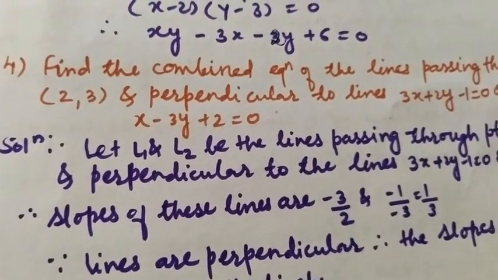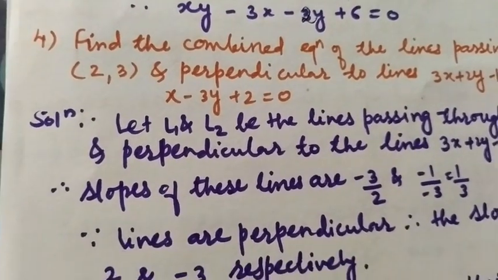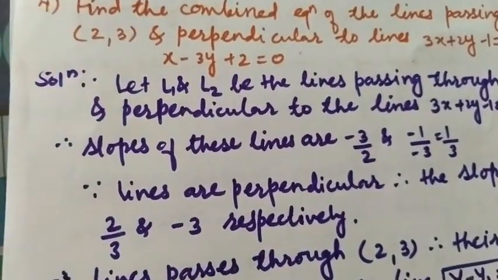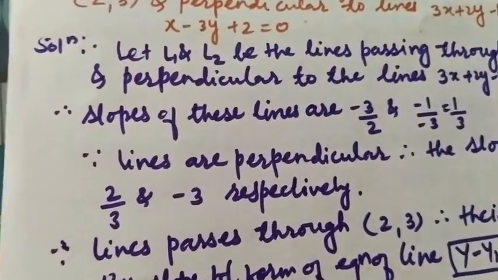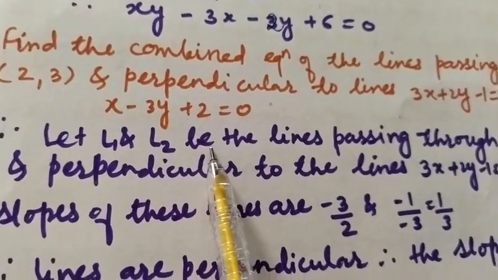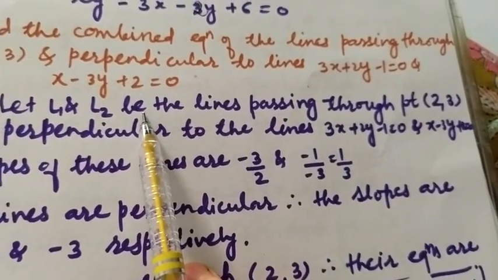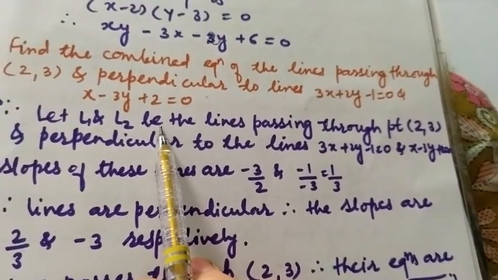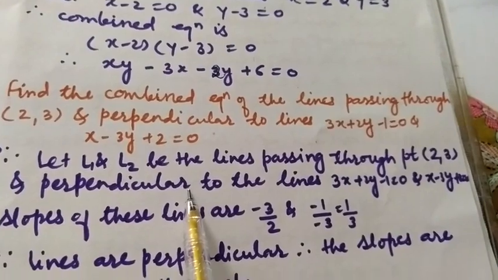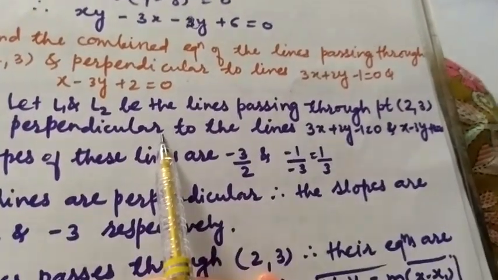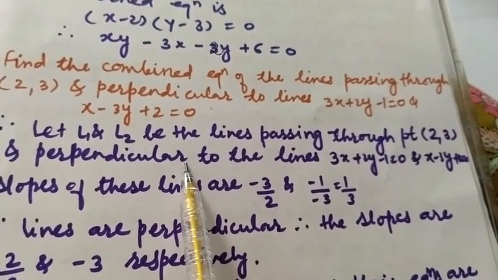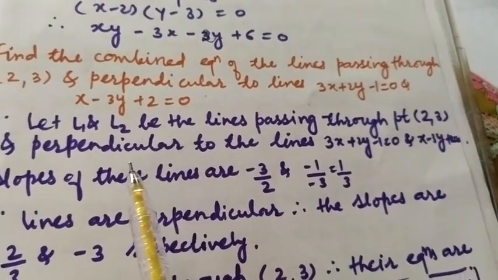For this, let us first suppose L1 and L2 be the lines passing through the given point, that is (2, 3), and perpendicular to the lines 3x + 2y - 1 = 0 and x - 3y + 2 = 0.